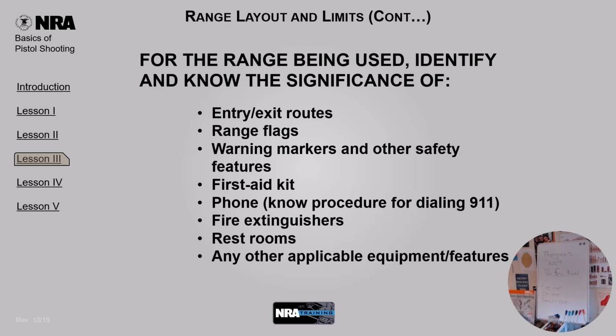911. If for some unlikely reason someone was actually to have an accident and shoot themselves in the hand or the foot or something, do not call 911 and say there's been a shooting.